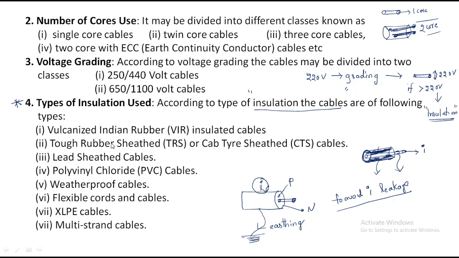Tough rubber sheath is one of the materials used for insulation, and cab tyre sheath is also used for insulation. Third, lead sheathed cables. So lead is used for manufacturing the cables. Fourth, polyvinyl chloride cables. Polyvinyl chloride is one of the materials. Fifth, weatherproof cables. Sixth, flexible cords and cables. Seventh, XLPE cables.